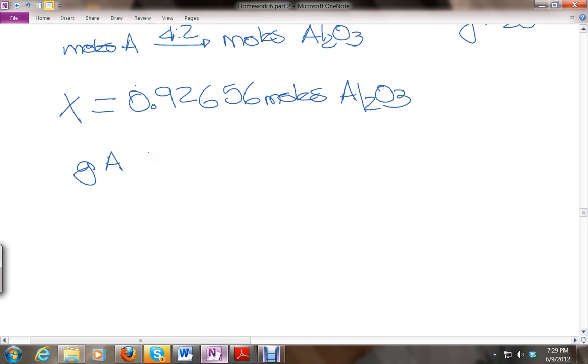So grams of aluminum oxide, this is what we were doing. Aluminum oxide is gonna be 0.92656 moles.